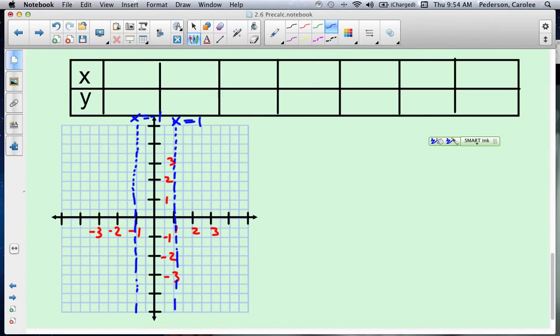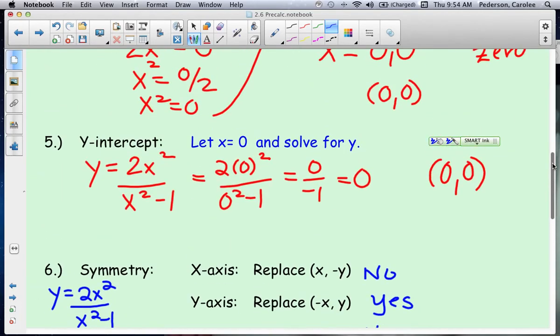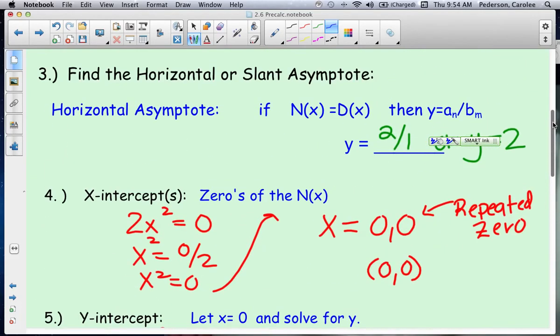Then I had a horizontal asymptote. Where was my horizontal asymptote at? Minus 2? No. Y equals 2? At y equals 2.